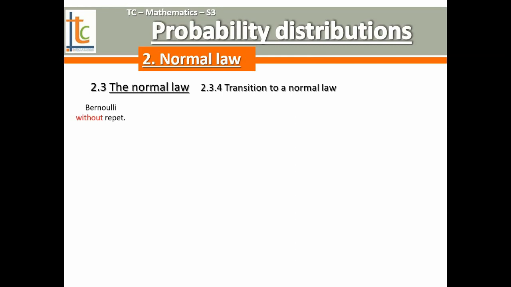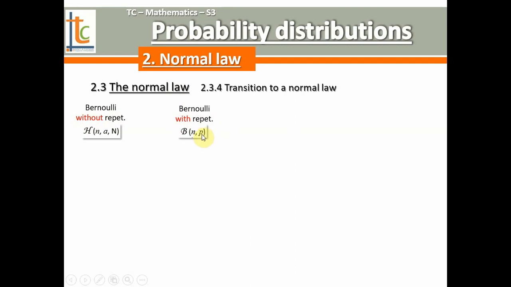Well, let's recall and have reminders on the general scheme of discrete distributions that we studied earlier. That is hypergeometric distribution, so a Bernoulli scheme without repetition, and binomial distribution, a Bernoulli scheme with repetition.